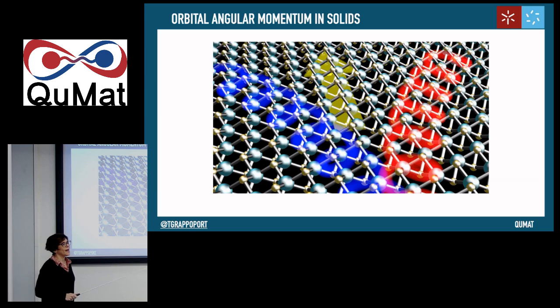So even if the electrons that are moving in the solid originate from s orbitals that don't have any orbital angular momentum, or they can be the interplay between the lattice geometry and the orbitals that constitute the material. And in most cases, it is the second scenario.